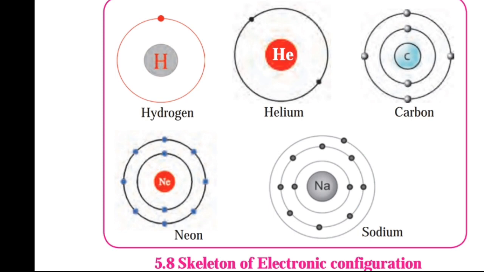And carbon has 6 electrons, 2 electrons in the first shell and the remaining 4 electrons in the second shell, that is the L shell. In the sodium atom there are 11 electrons. So 2 electrons in the first shell, 8 electrons in the L shell, and 1 electron remains, but the L shell has fulfilled its capacity, so 1 electron is in the M shell.